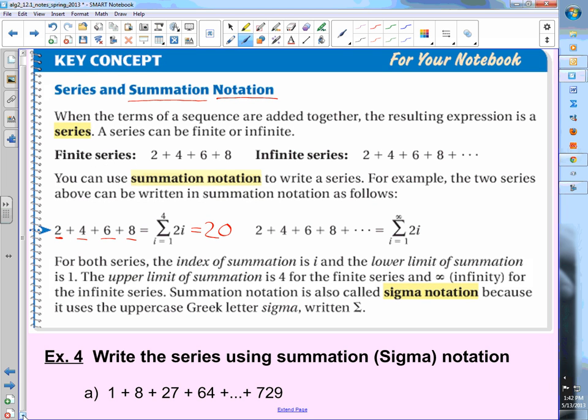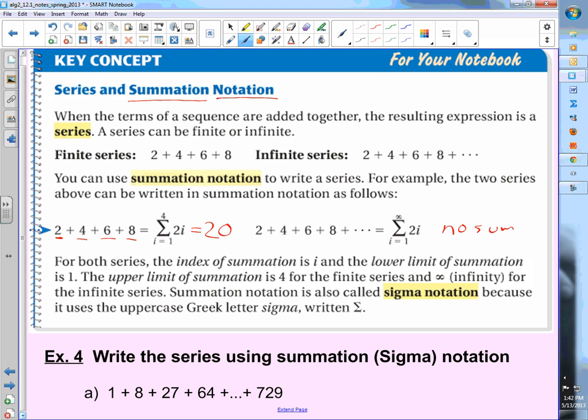Remember, this goes on to infinity. 2 plus 4 plus 6 plus 8 plus 10 plus 12 plus 14 plus 16 on to infinity. There's no sum for this, because you're going to keep adding and adding, and it's going to get bigger and bigger.